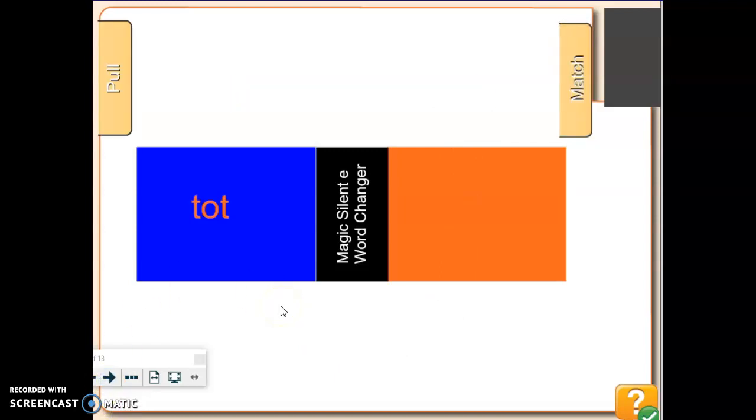All right, last one. Let's try it together. You read it first. Tot. Let's see what happens when we add silent E to the end. What word did you get now?